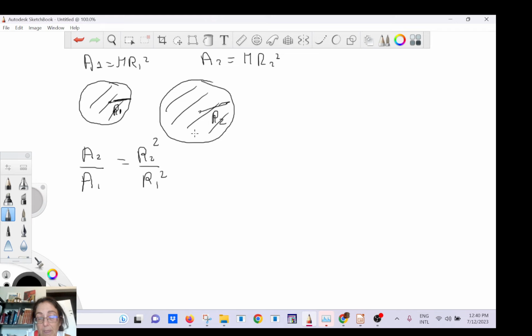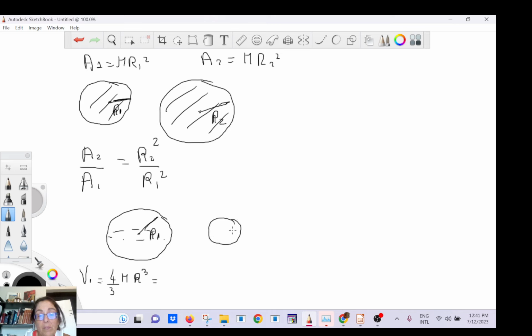And it's flat. Now let's say I have a sphere, right? So a sphere with a radius R1. Okay, so the volume is 4/3 pi R cubed. So that will be the volume 1. And I have another sphere, R2. I can make it smaller if I want, doesn't matter.